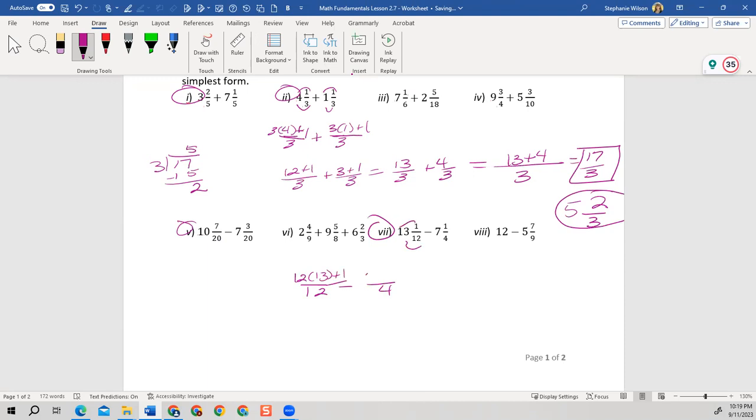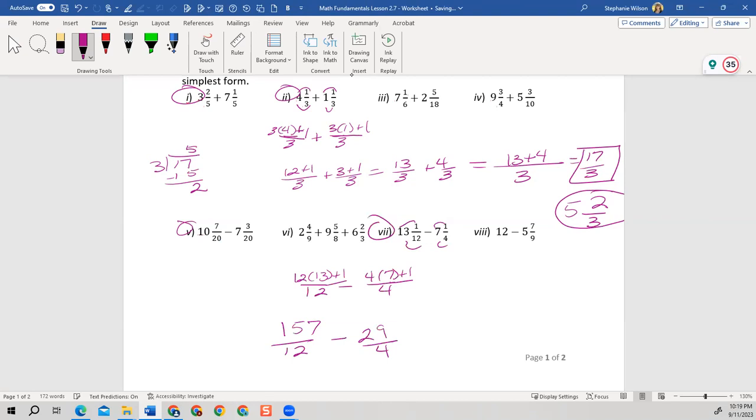And again, the denominator times the whole number plus the numerator. Okay, so now I have 12 times 13 is 156 plus 1 gives me 157 over 12. Minus, excuse me, I almost gave you the answer. 4 times 7 is 28 plus 1 is 29 over 4.